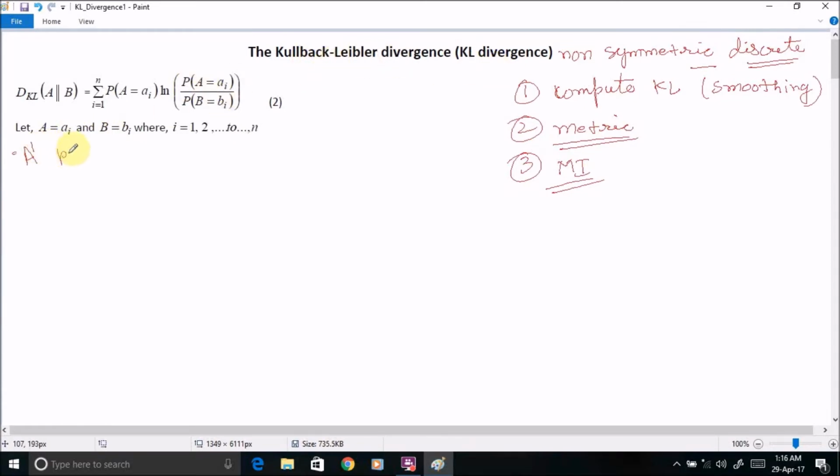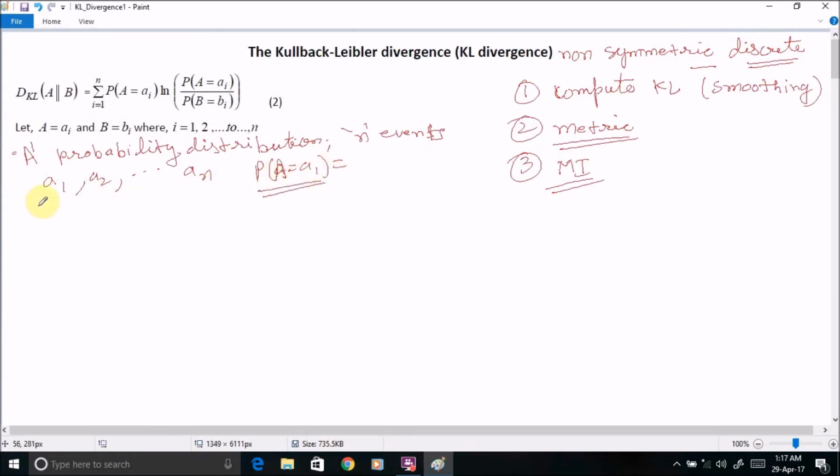Suppose we have a probability distribution A with n events like A1, A2 up to AN, and PA represents the probability of occurrences of event A1.